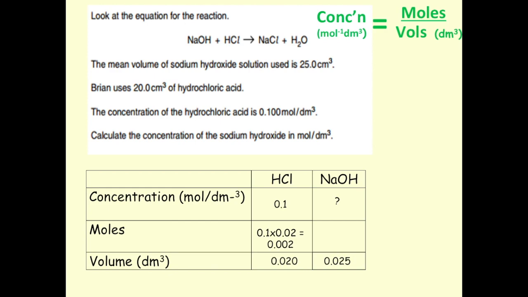What I need to do next is work out the number of moles of NaOH, and to do that I need to look at the equation. As I look at the equation, it's telling me that 1 mole of NaOH reacts with 1 mole of HCl. And so this is really easy, in fact. If 1 mole reacts with 1 mole, I haven't got 1 mole, I've got 0.002 moles.